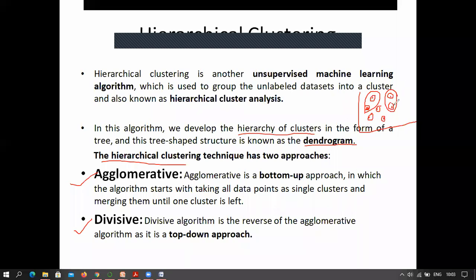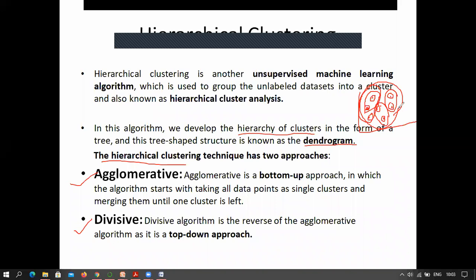And again the same thing is repeated: I find the distances between all these clusters. Suppose these two clusters are near to each other, so I combine them. Next, you may say these two are near, so I combine them. This way I will keep going until I get one cluster.